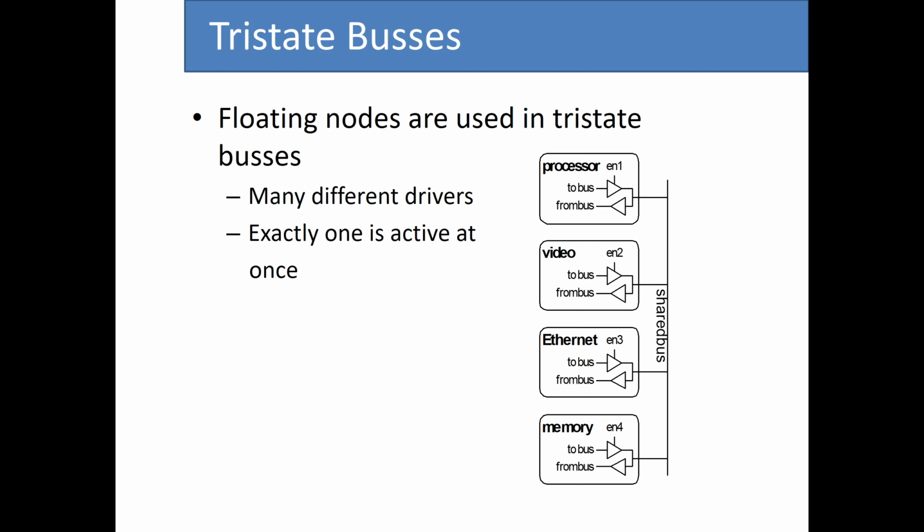A very good example of how these tri-state buffers can be used is in data buses. For example, let's assume you have a computer which has a processor, and then you have several components that are connected to it. So you have, let's say, a video card, or an Ethernet card, or a memory card, right?